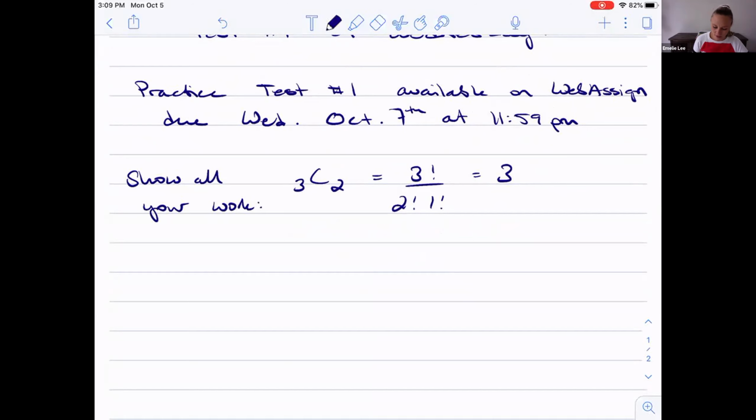If you're using your calculator, which I encourage you to do, then you can go straight from 3 choose 2 equals 3. You can skip this part. I was just doing the math in my head. Or 3 choose 2 is fine too. However you write it, those are your 2 options, and they mean the same thing.